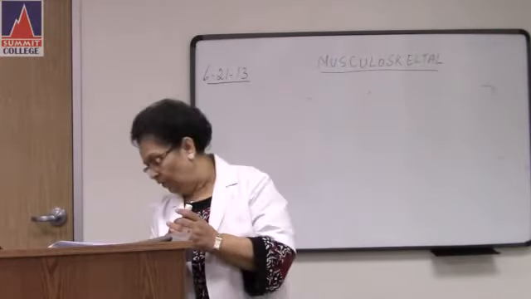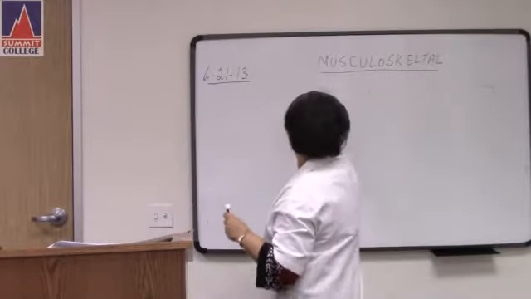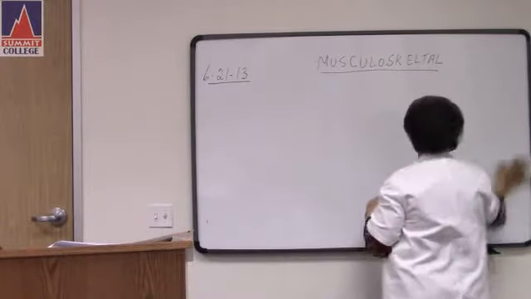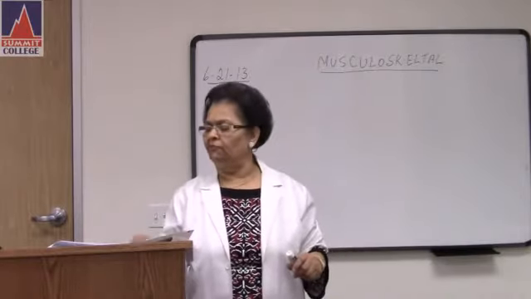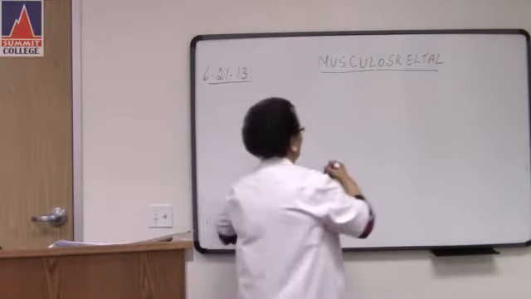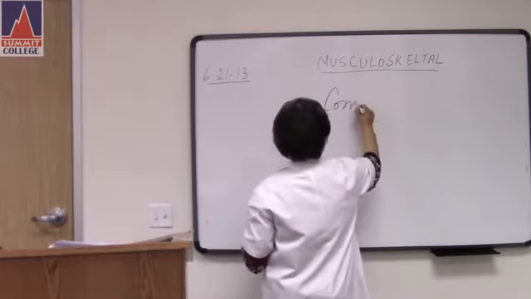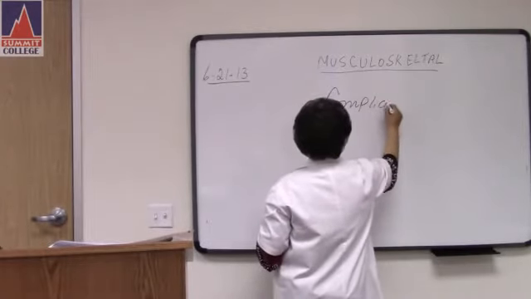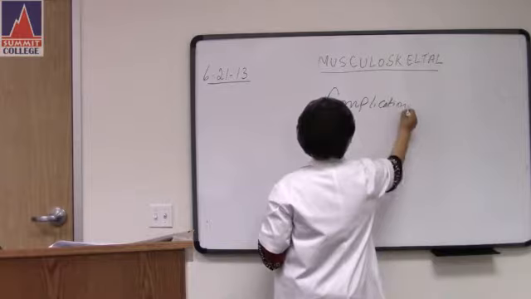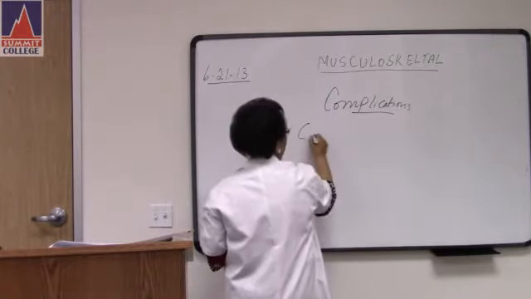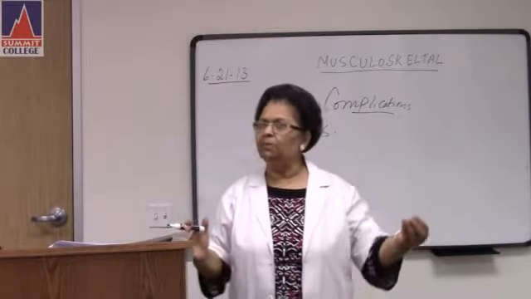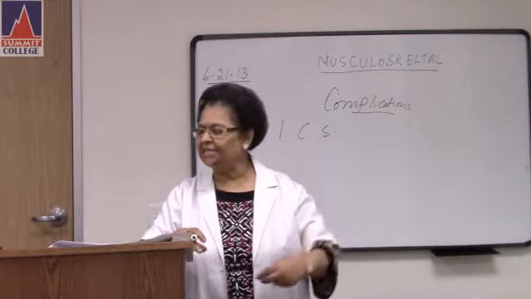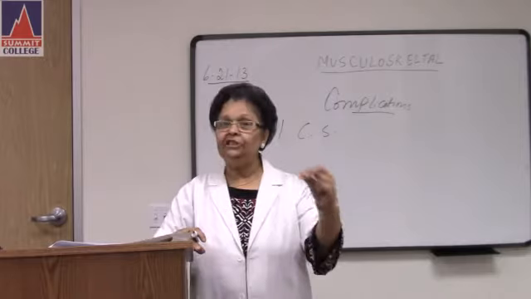Now, I will move on, before we go on break, to complications of the fracture. Very important. We all know the complications of fracture. Number one is compartment syndrome. What is compartment syndrome? We all know what it is, but how do you define it? Let's highlight the word pressure.